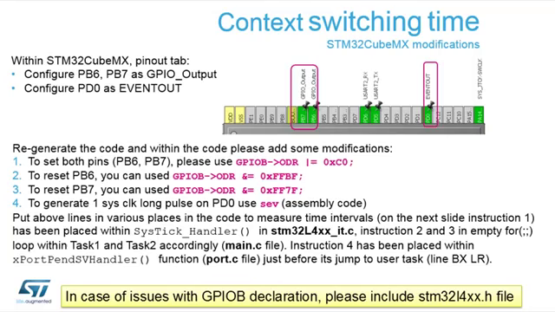For measuring such time, we used the GPIO pins. So there are GPIO outputs and event output. We used these pins as output, and to reset and set the PB6, we could use these functions.